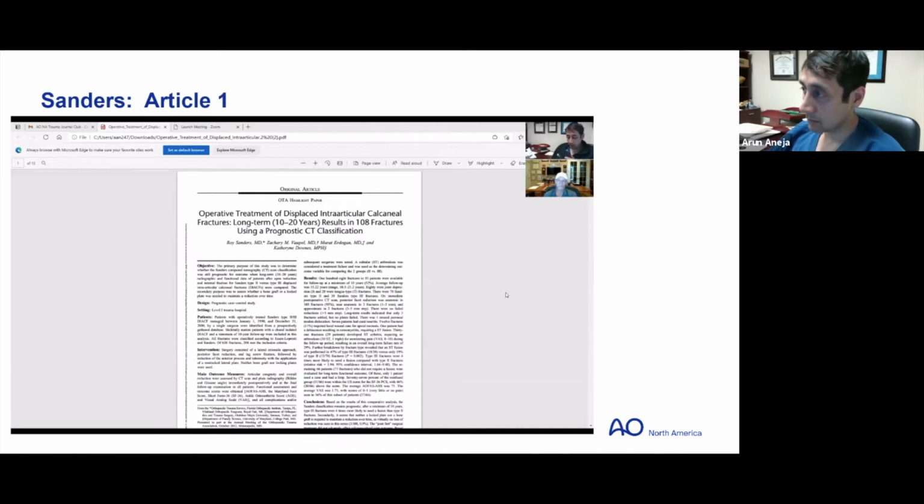Great. You told us about your algorithm, but can you also tell us how you counsel these patients based on their Sanders classification? Well, it's pretty much the same thing. So a type 1 that's non-displaced, if they adhere to your treatment method, which is not always the case, they should expect a perfect result.